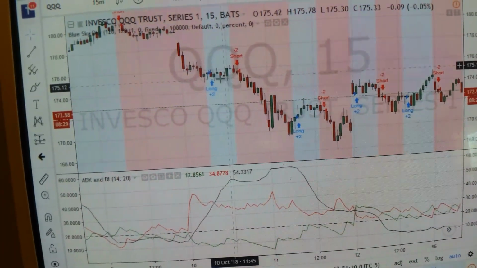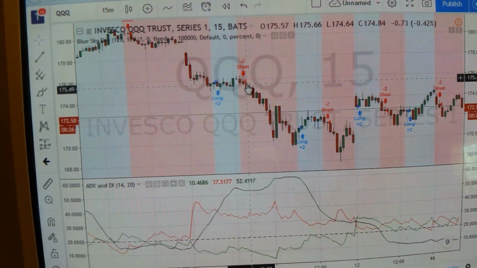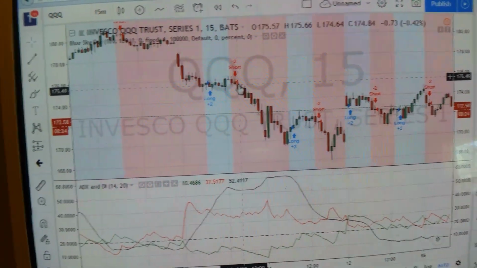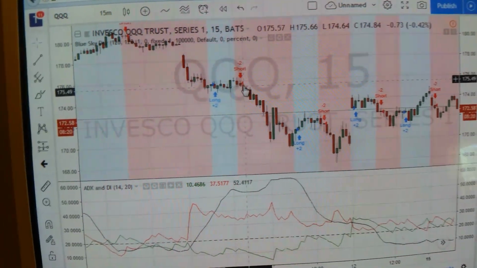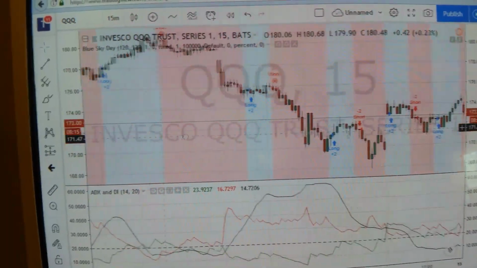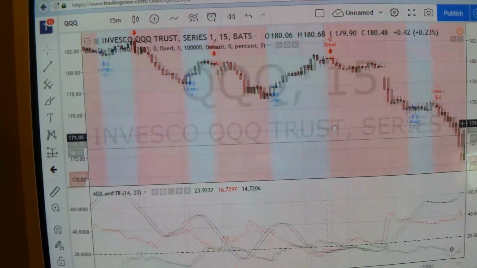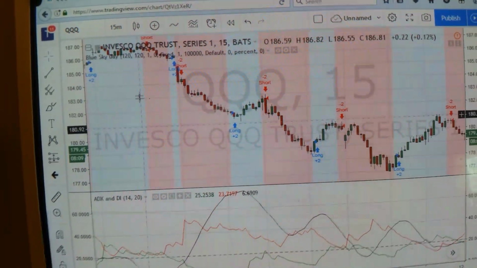Reverse your position, sell the long option, and then buy a put option that expires that current Friday of the week you're in. A put at the money, right there, and all of a sudden you're making money. So that is how you trade the 15-minute QQQ on TradingView using Blue Sky Day.